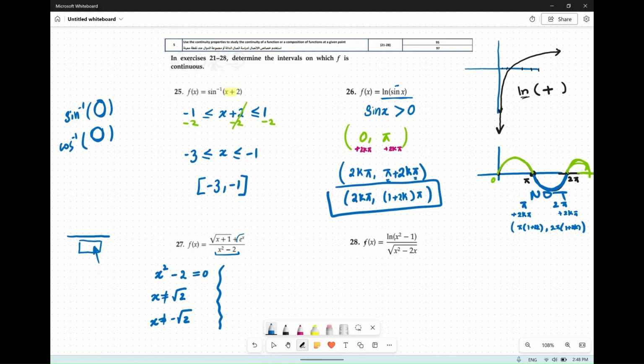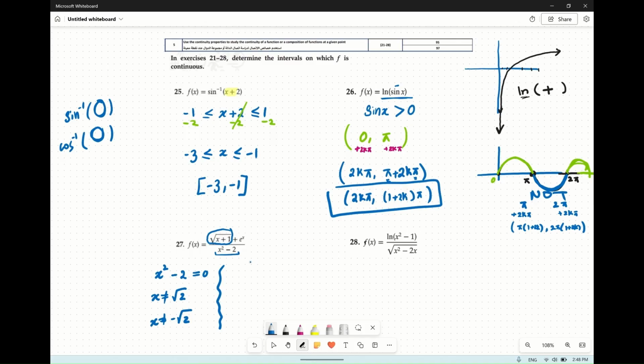Okay, what else? Now we go up to the numerator. I see I have e power x. E power x is a function that is always continuous. So this one will not make any problems for us. Now I go here. I see square root of x plus 1. Is this continuous everywhere? Well, no. This is a square root.